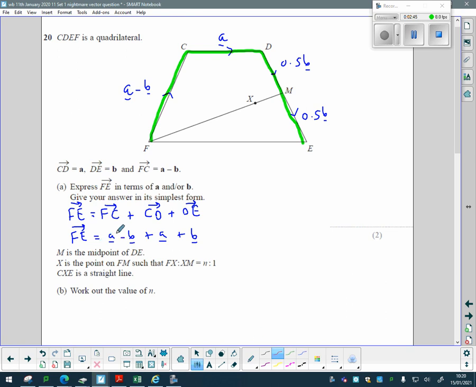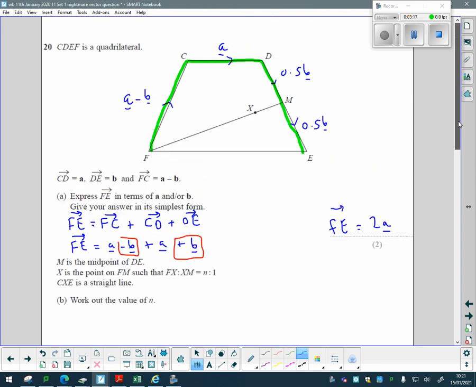We're blocking to the left. So the minus B and the plus B cancel out. And that leaves me with FE equaling 2A. So we can write down here that FE is equal to 2A.